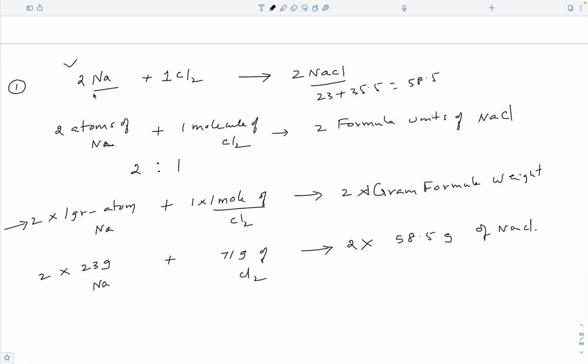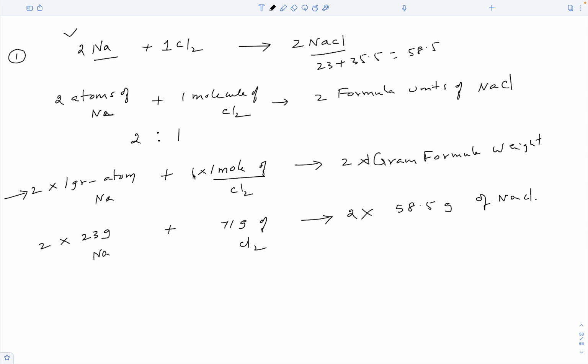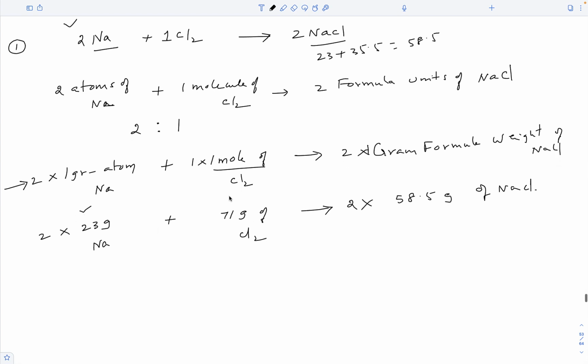So, 2 gram atoms of sodium combine with 1 mole of chlorine to produce 2 gram formula weights of NaCl. And these are the weights of different reactants and products involved in this reaction. I mean the relative weights.